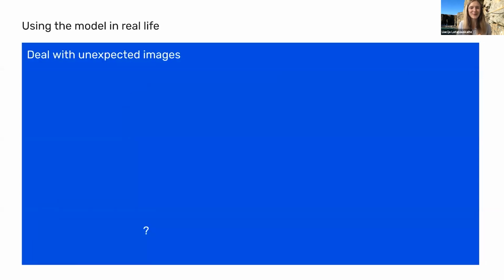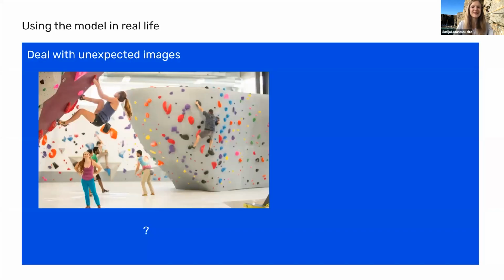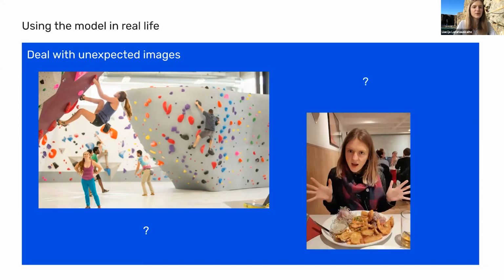And the second problem I want to talk about is dealing with unexpected images. Because one thing that might happen when you actually use the app in the gym is that people might take a picture by accident. So maybe they didn't place it on the starting hole. Maybe they took a picture of the general area overall. Or perhaps they're just playing around with the app at home and pointing it to somebody's face, or my face eating, for example, or what else people can think of trying to use the app for.